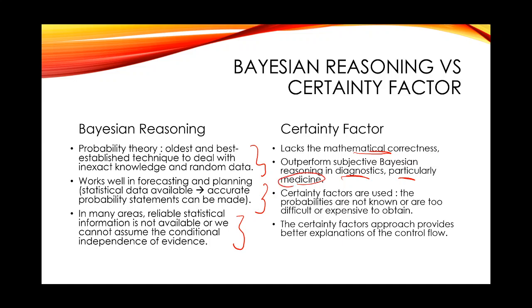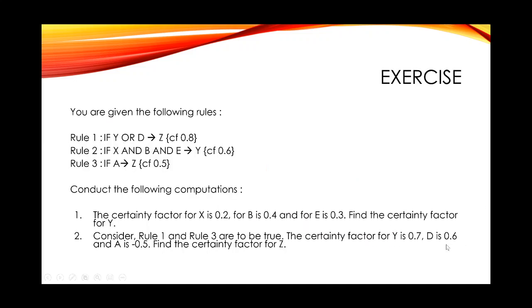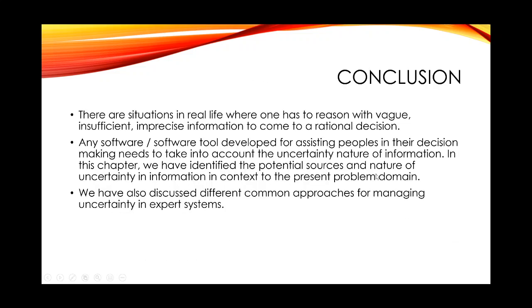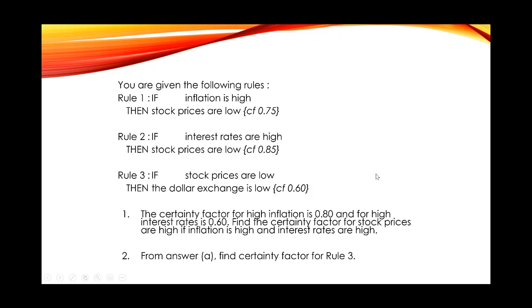Certainty factors are used if the probabilities are not known, or are too difficult or expensive to obtain, meaning that our data is quite imprecise or vague. The certainty factor approach will also provide a better explanation of the control flow. So this is the exercise. You can take a look at the exercise here.